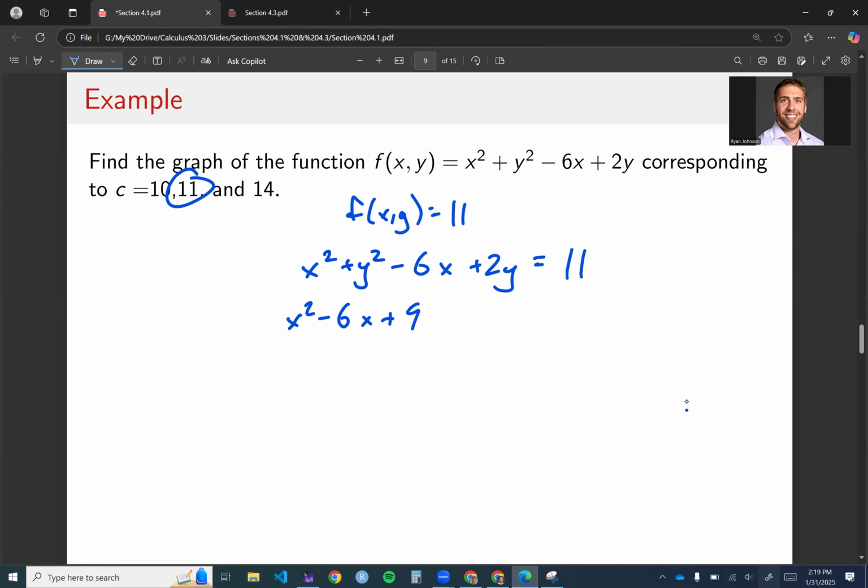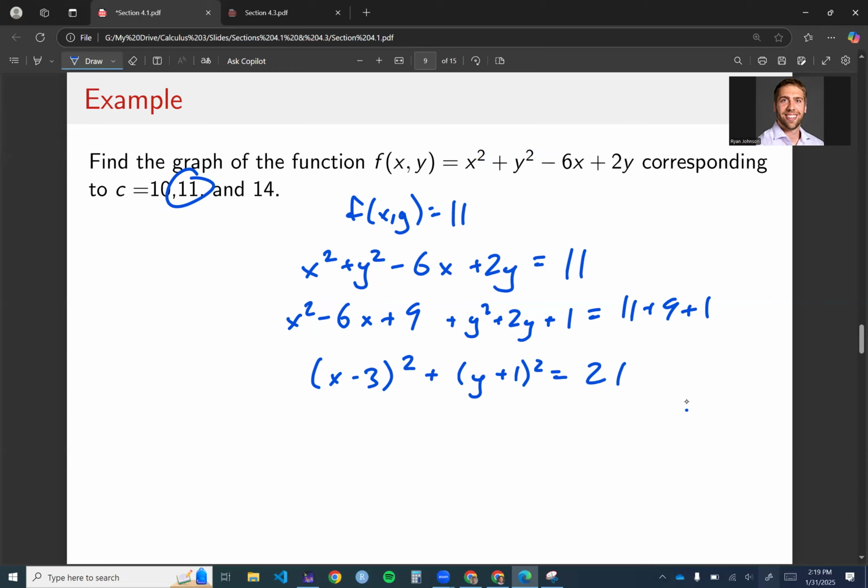And then plus y squared plus 2y, and then plus that number we want, 1, equals 11 plus 9 plus 1, so that we still have an equal sign. We added 9 to both sides, we added 1 to both sides, and so we get x minus 3 squared plus y plus 1 squared equals, what is that, 21?